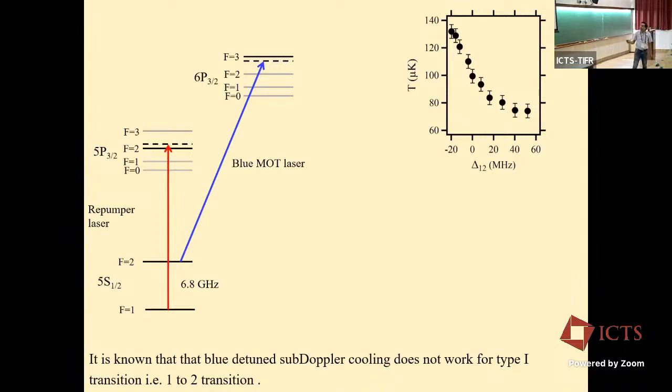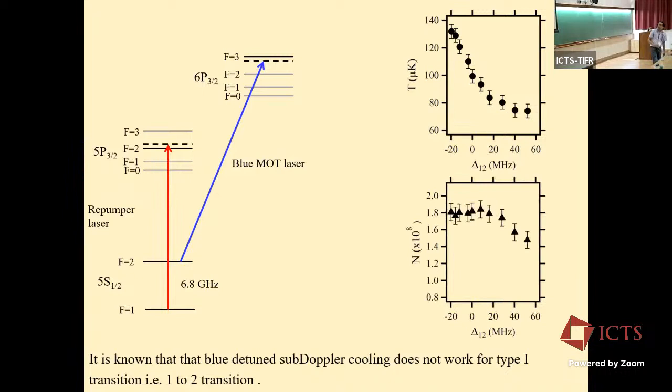By the way, we also tried with the red MOT itself with blue detuned repumper, and of course it didn't work. With this blue MOT, it is working very well. Of course the number of atoms after 20 megahertz is decreasing. So for us, the optimum parameter is around 20 megahertz.